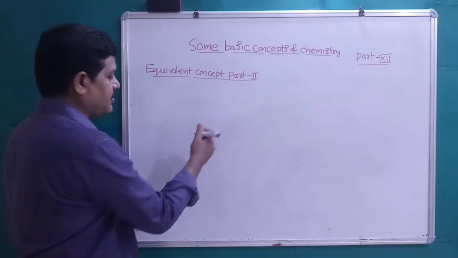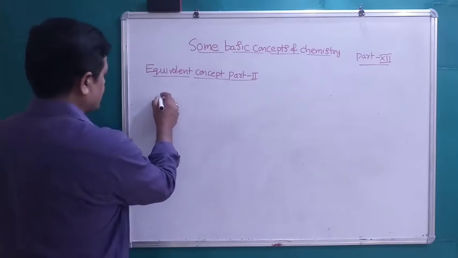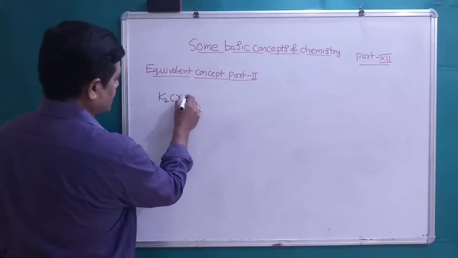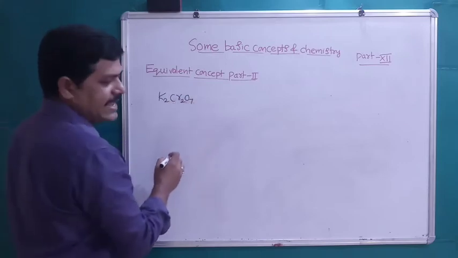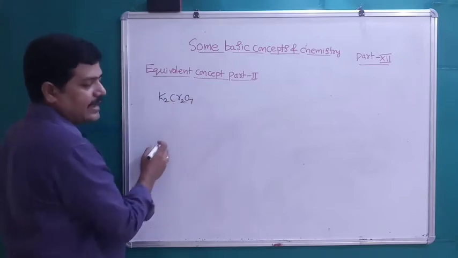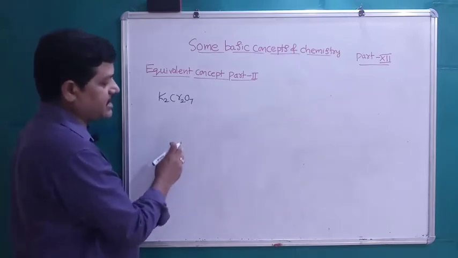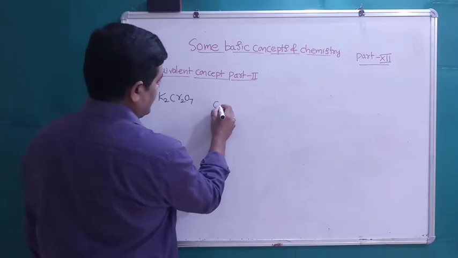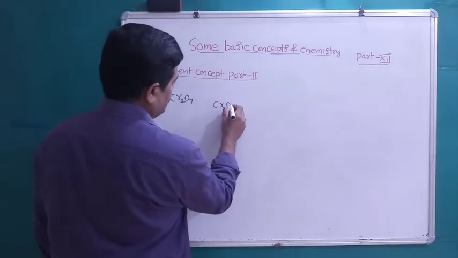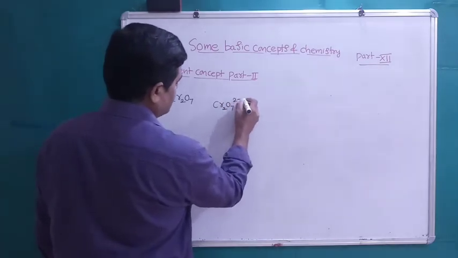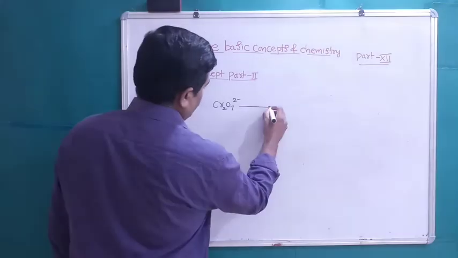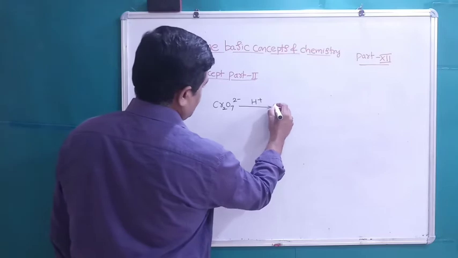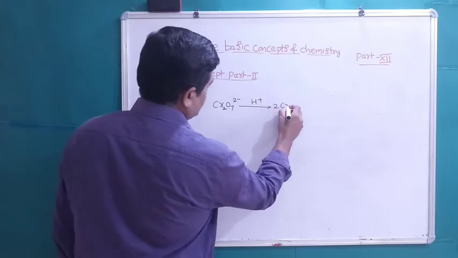Dear students, we will take one more example. K2Cr2O7, potassium dichromate, can act as an oxidizing agent only in the acidic medium. Ionic form we can write as Cr2O7 2 minus. In the acidic medium, it acts as an oxidizing agent and converts into 2Cr3+.